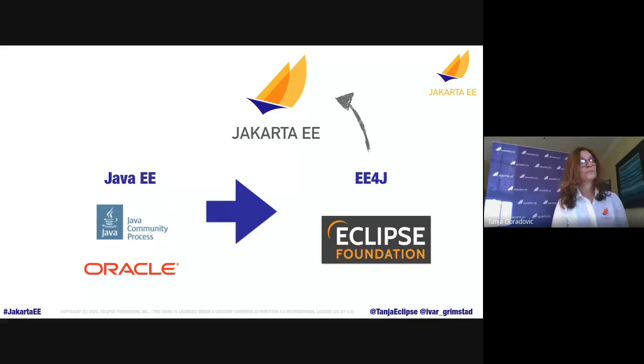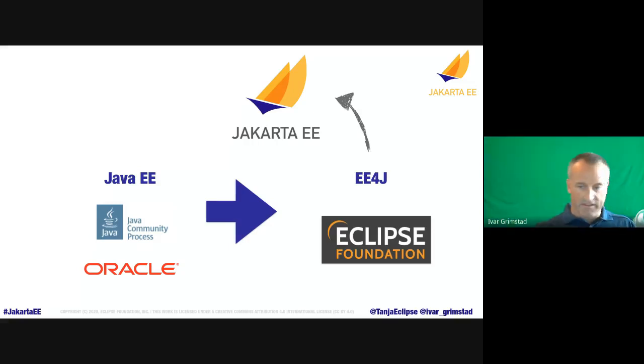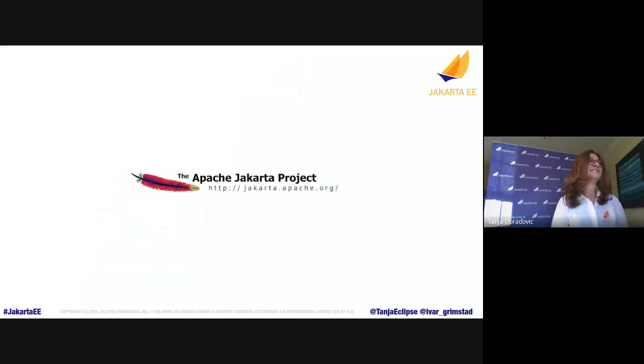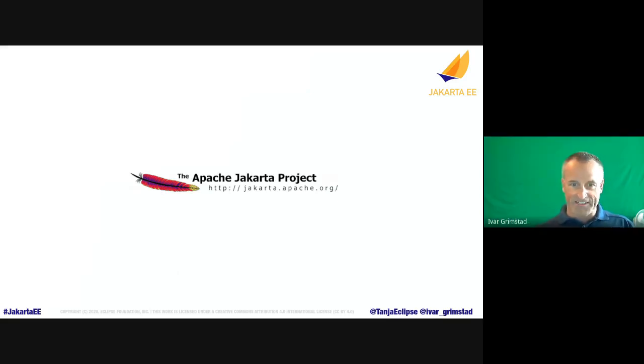So Ivar, what's up with Jakarta EE as a name? How did we come up with that? That's a good question, and I prepared a slide for that. If you remember, back in the days, we had the Apache Jakarta project, a top-level project at Apache Foundation where they had all the Java-based projects. But this was parked for several years.